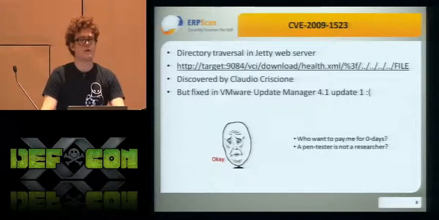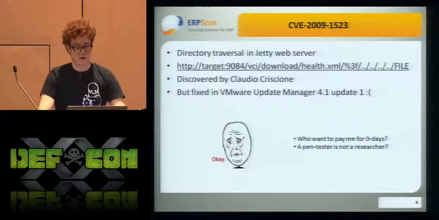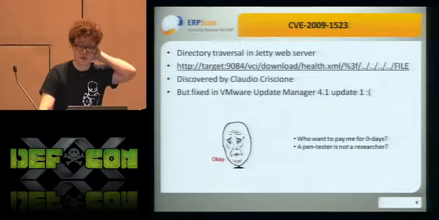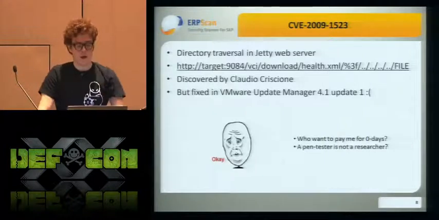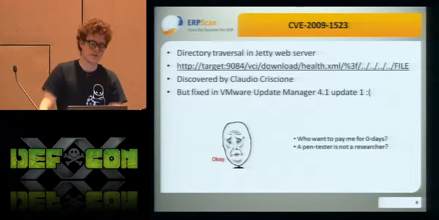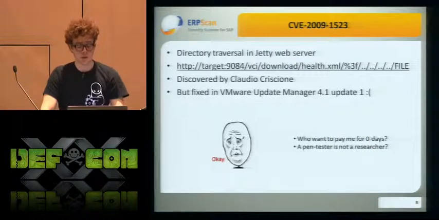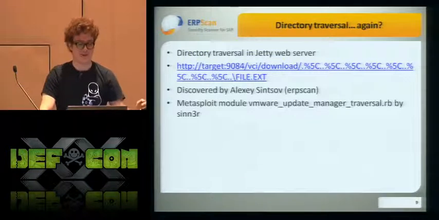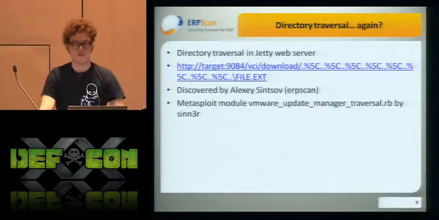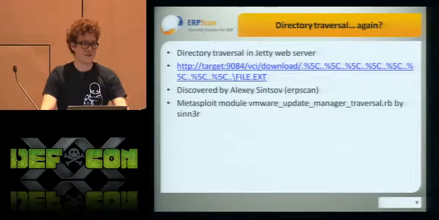The first thing we found in a public source was an old directory traversal discovered by Claudio Criscione. It's a classic directory traversal, I think, but it was fixed in our version, so that's bad. But Alexey Sentsov didn't trust any fix or patch, and after a few minutes he found another directory traversal almost in the same place.